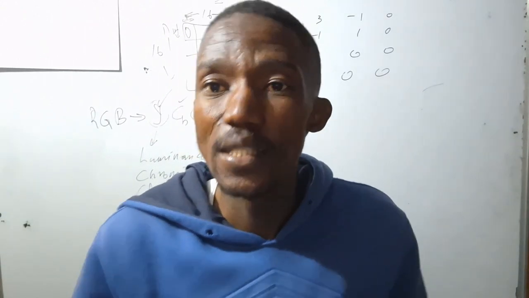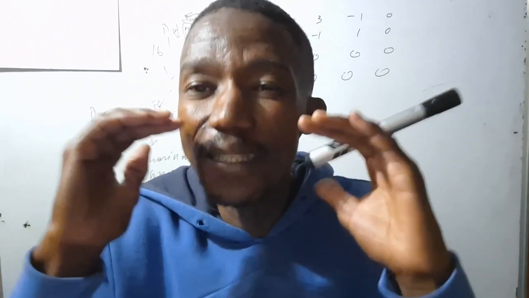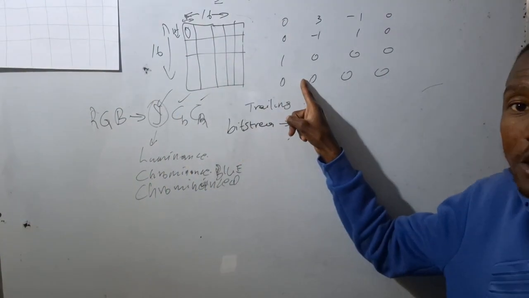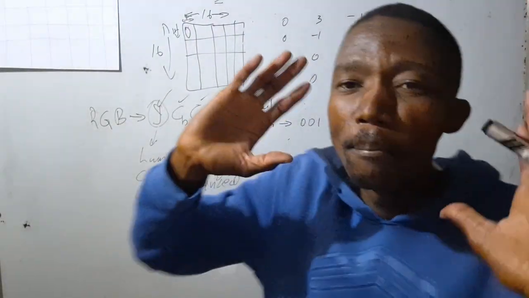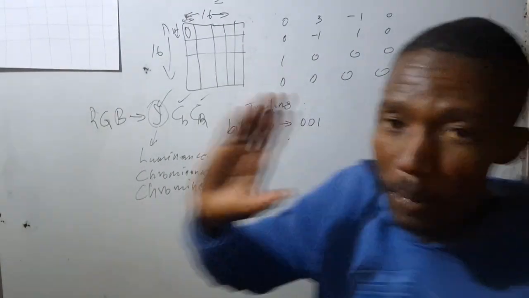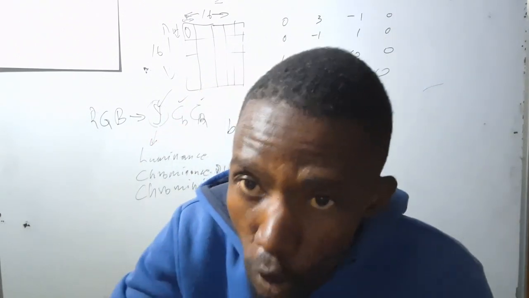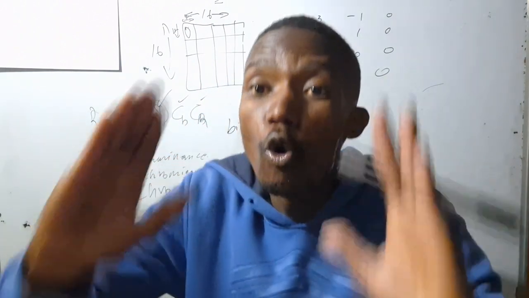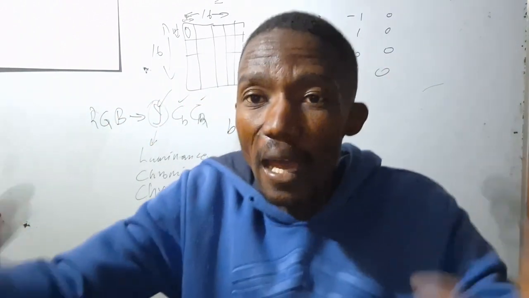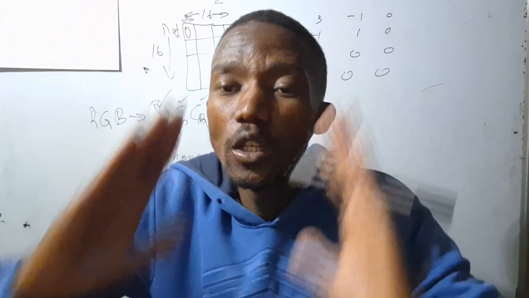So what are trailing ones? Trailing ones are those non-zero coefficients in this block. After you have applied all the processes, the coefficients that are going to remain in that block, which are non-zero, have an absolute value equal to 1.